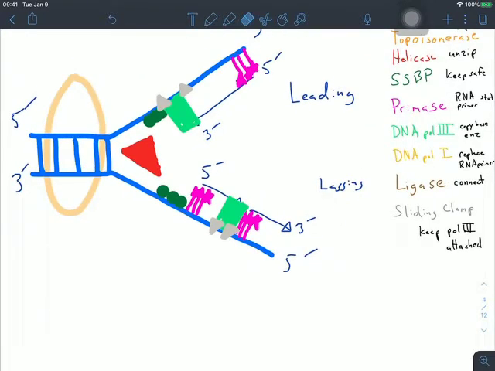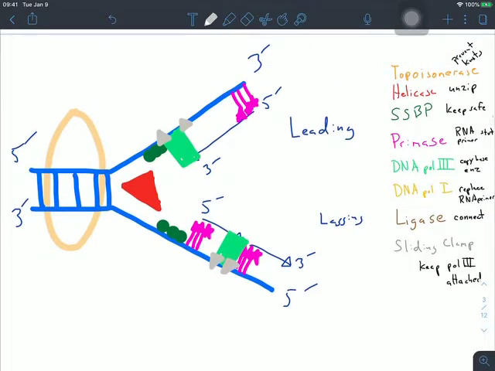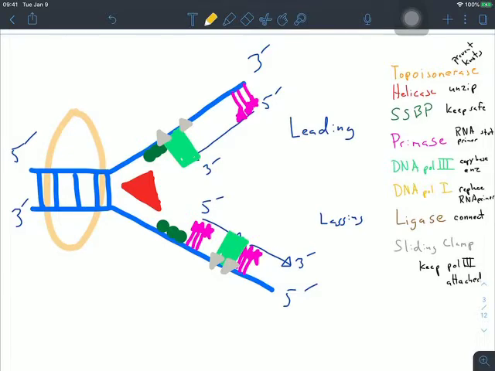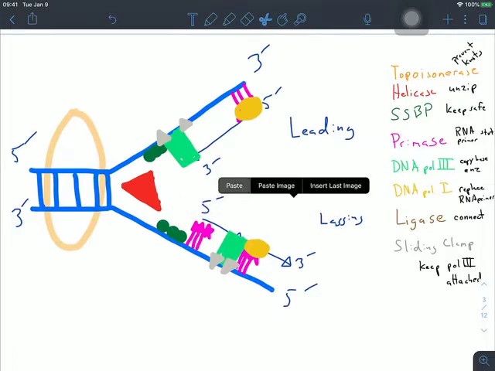Now, after your polymerase 3 has gone ahead and added bases, the RNA primer needs to be removed. So we have our DNA Pol 1 that's going to come in and replace those RNA primers with DNA molecules. So you're going to have more Pol 1 activity on the lagging compared to the leading strand.